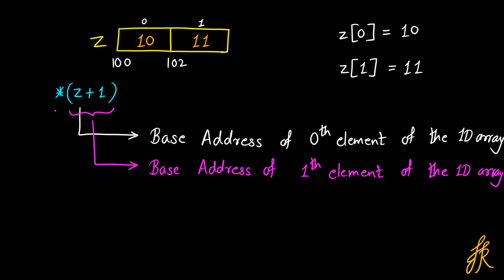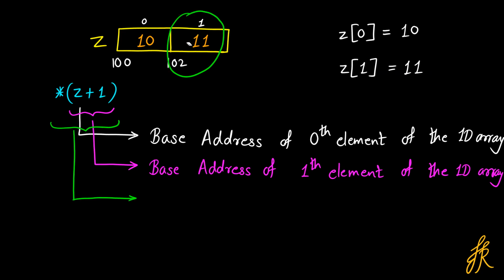Fine. Now let's put a star here. What will happen if you put a star? It will dereference it. So after dereferencing, what will we get? Right now we are having 102, which is the base address of the first element of the 1D array.